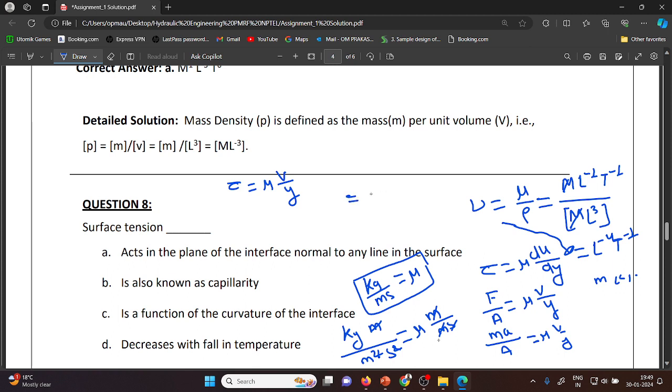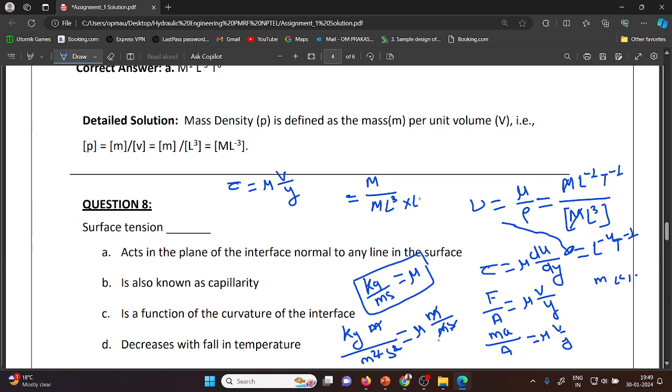What you put here is L cube, right? Yes, sir. Your kg mass and 1 meter is below, right?